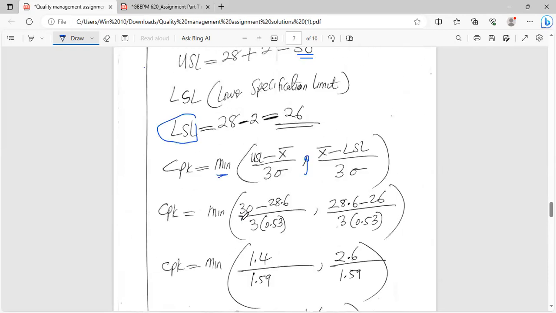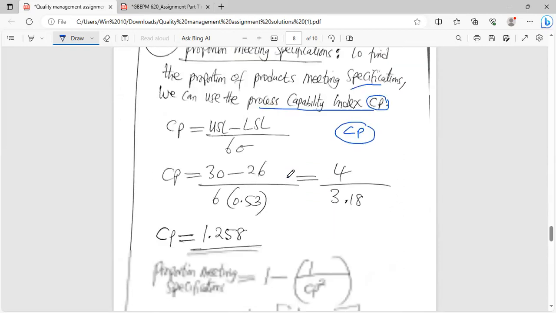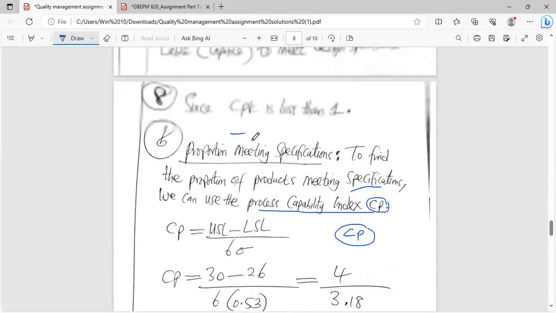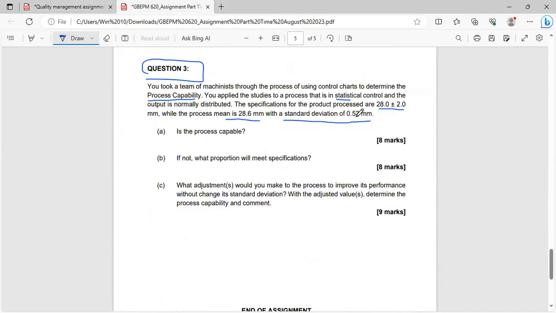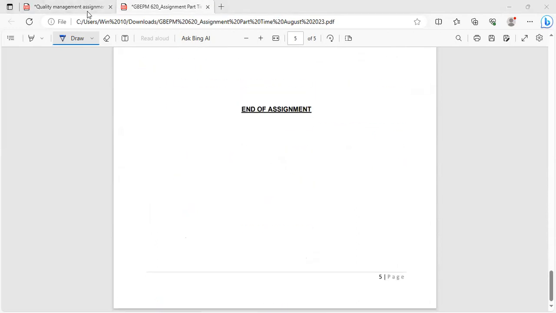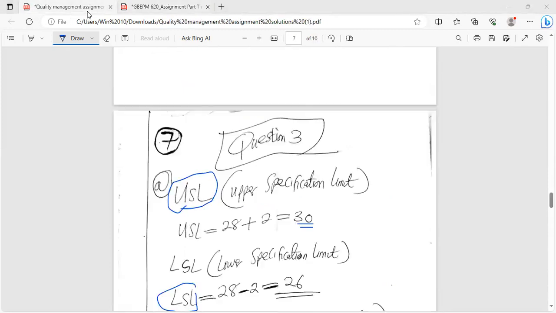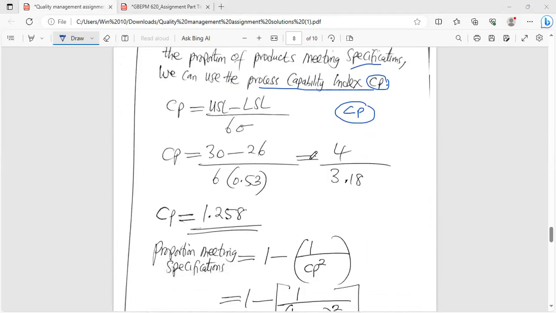So the upper specification is 30, the lower specification is 26, then 6 multiplied by the standard deviation in the question, which was 0.53. So here we need to get the solution for this one. So we are simply saying that our process capability index is 1.258.